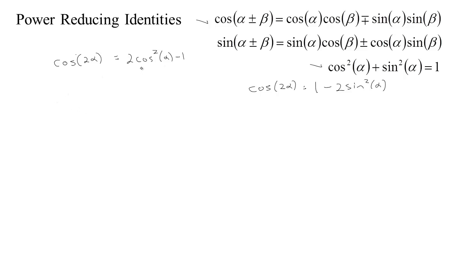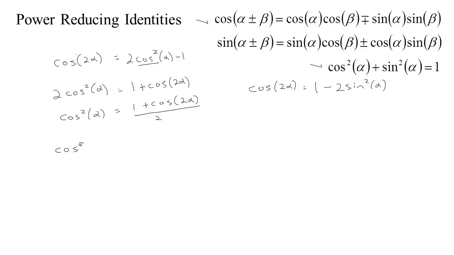This is useful because we could solve this for cosine squared. If I add 1 to both sides, I get 2 cosine squared alpha alone is equal to 1 plus the cosine of 2 alpha. Now just divide both sides by 2, and I see that cosine squared alpha is 1 plus cosine 2 alpha, all divided by 2, or you could write it this way as well.